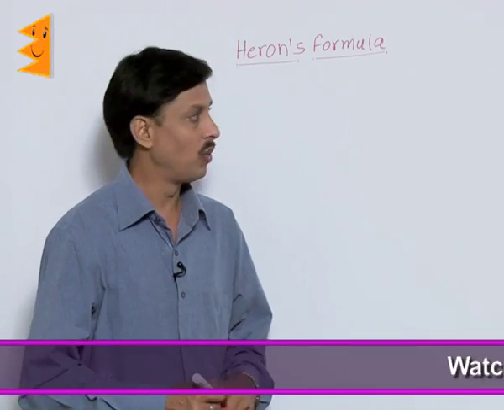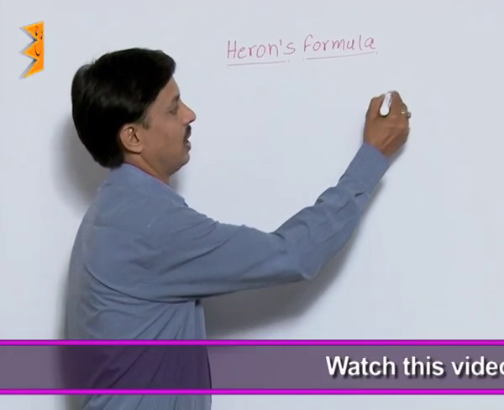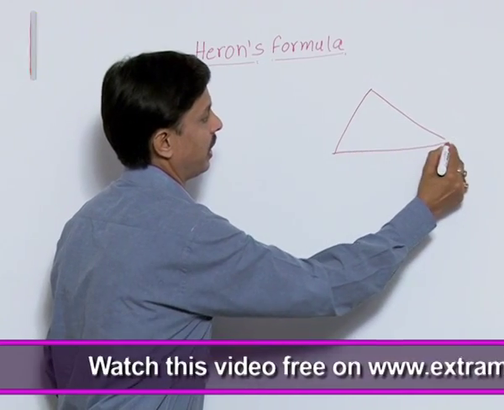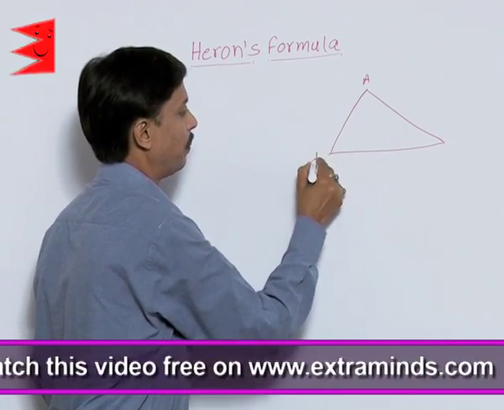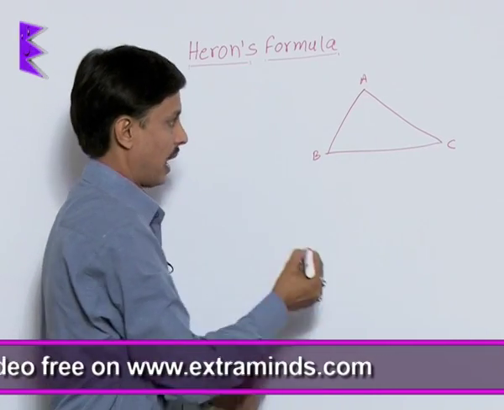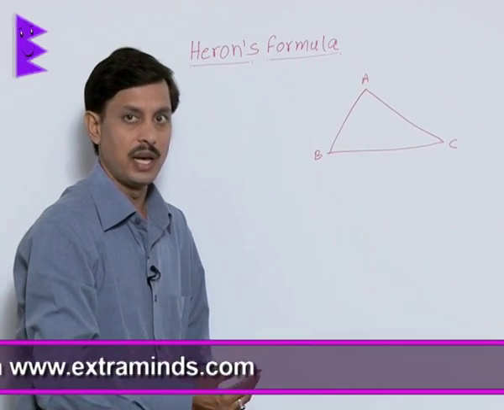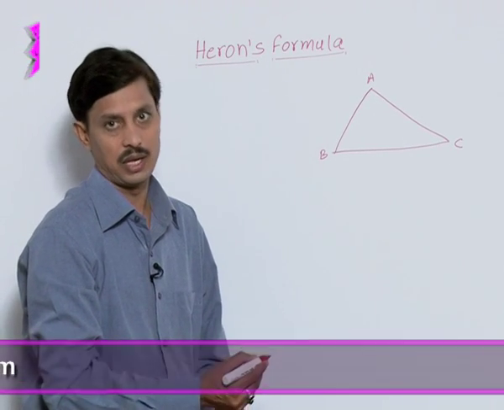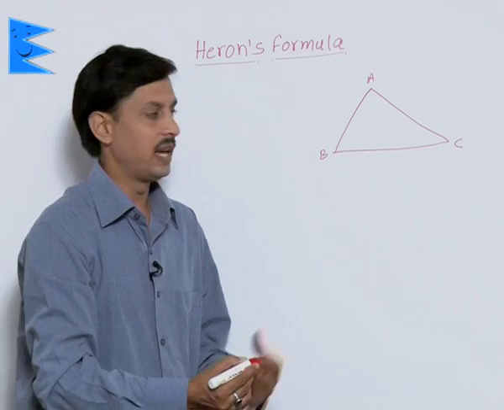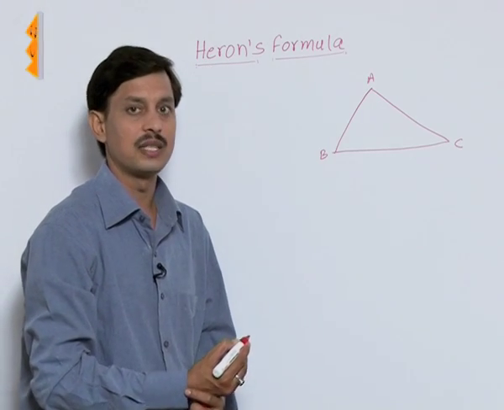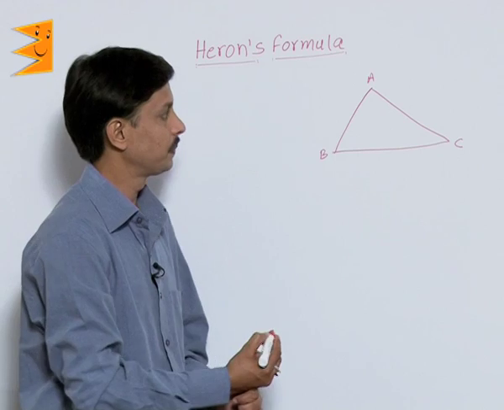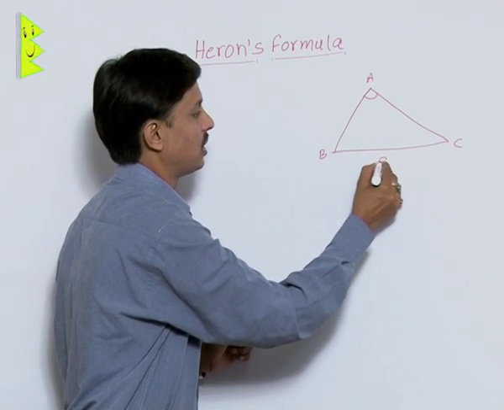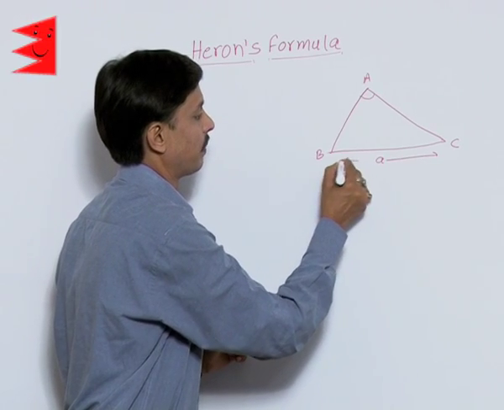What is Heron's formula? First of all, this is any triangle. I am taking it as A, B, C. As you know, the vertices and angles of a triangle are indicated by capital letters, whereas the lengths of the sides are given by small letters. This is angle A, so opposite to this side is BC, and its length is given by a.